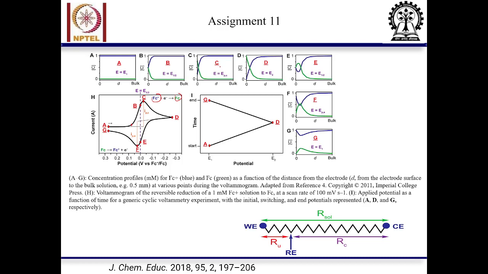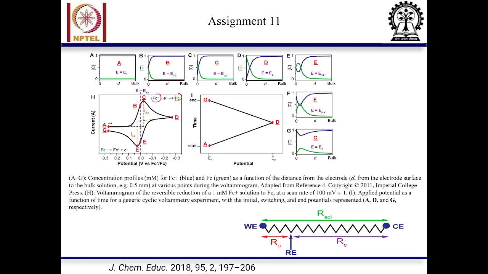The concentration near the electrode, which is the interface, of Fc will increase and Fc plus will decrease. We have a kind of screen of Fc, which will not allow the Fc plus in solution to come to the interface. That's why the current will start decreasing.